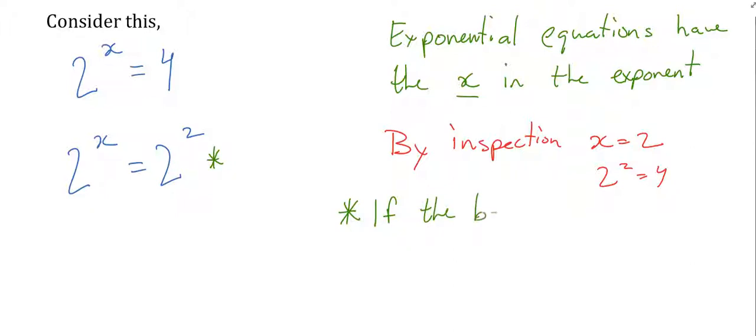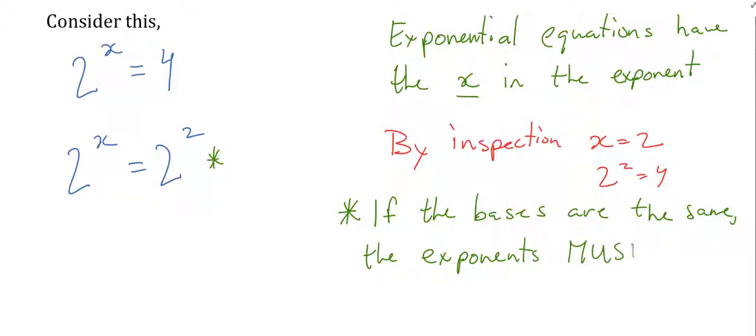If the bases on both sides are the same, the base on the left side is 2, and the base on the right side is 2, then the exponents must be the same. Right? Doesn't that make sense?